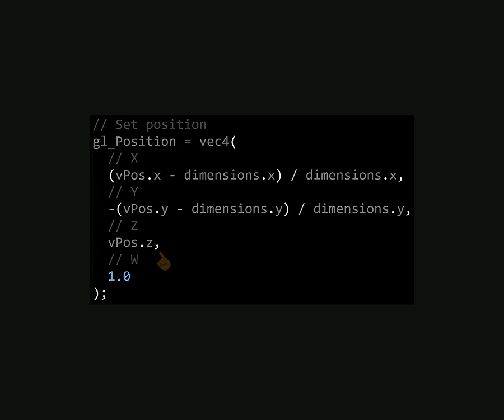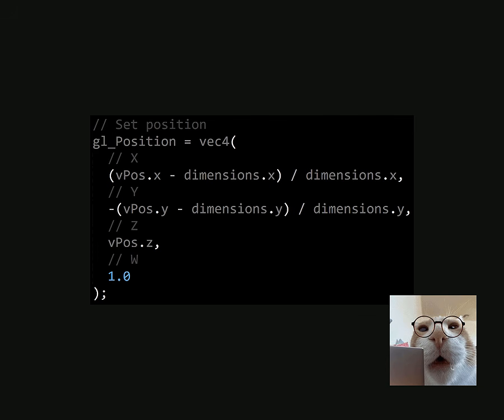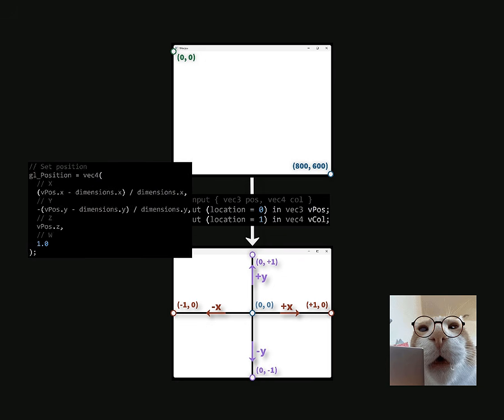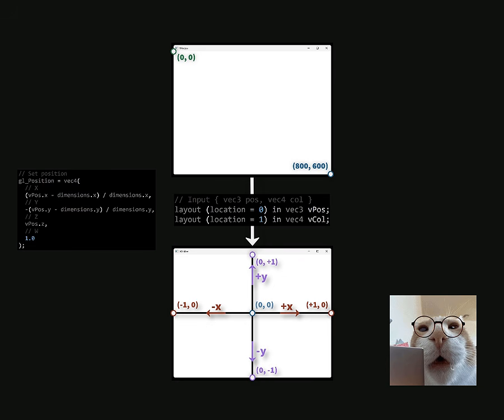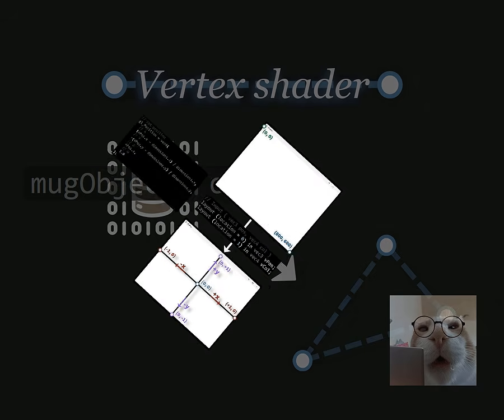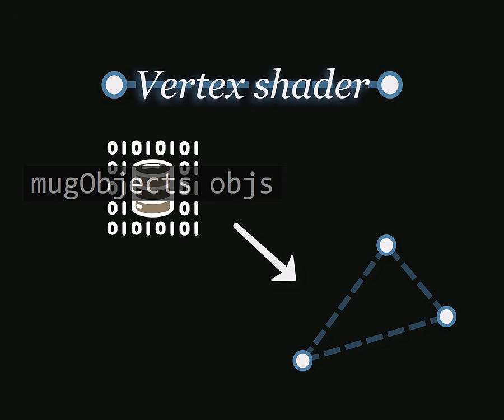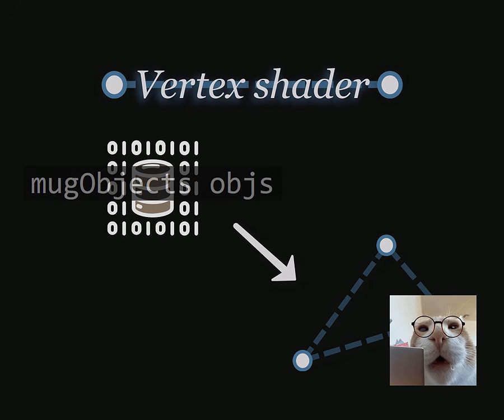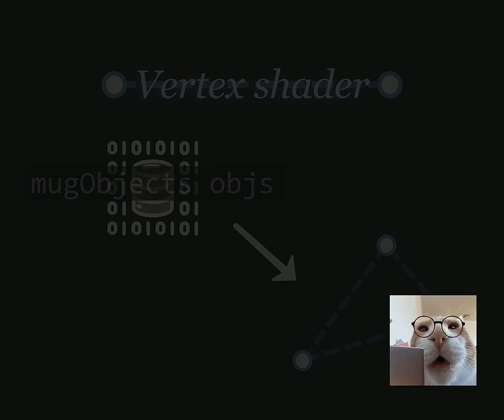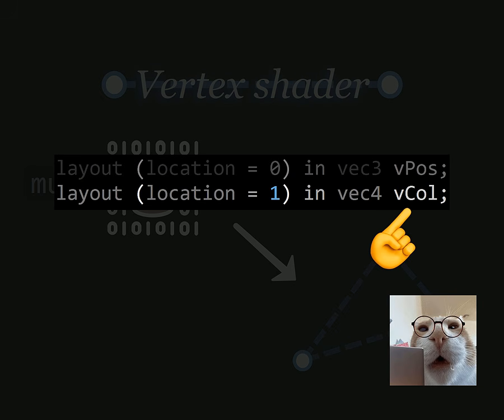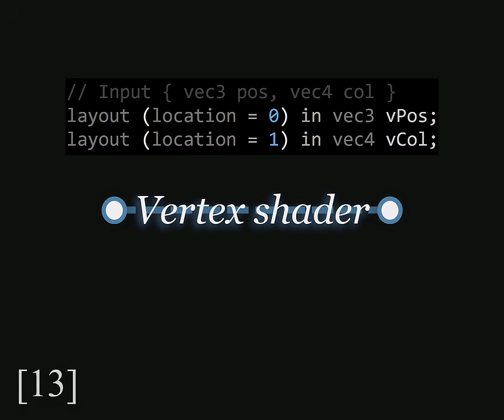So, with the coordinates calculated in the vertex shader, I have now specified how to take the raw point data that I defined earlier and convert it into OpenGL coordinates, which OpenGL can then use to render as individual vertexes. There is one more thing that I need to handle within this shader though, and that is the color data. The fragment shader handles filling in the color of each pixel, but only the vertex shader has direct access to the buffer data.